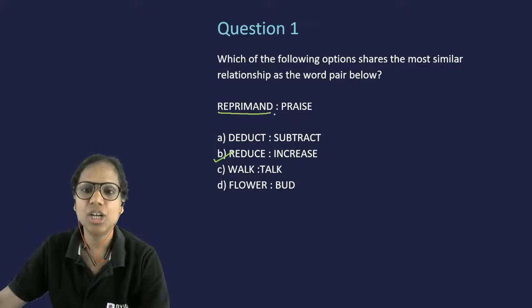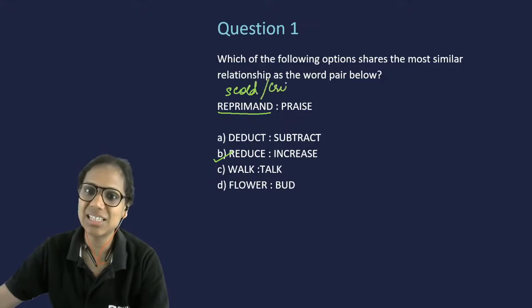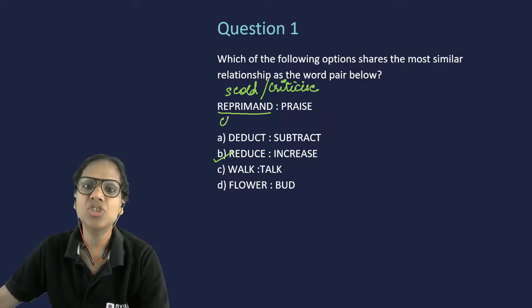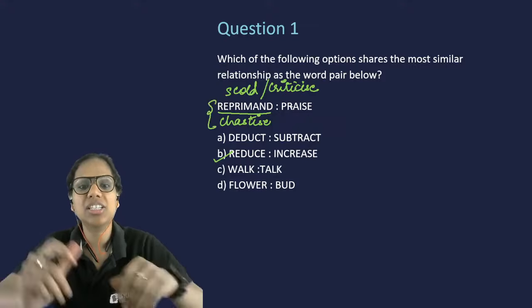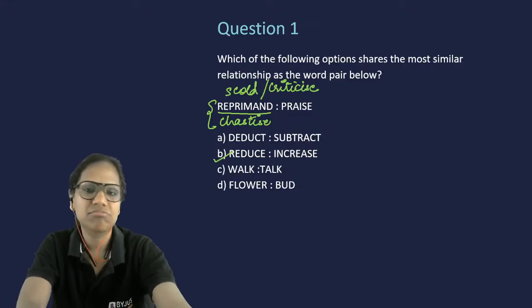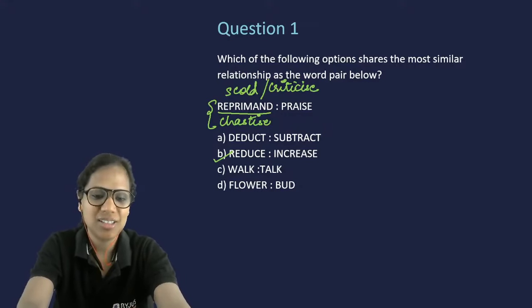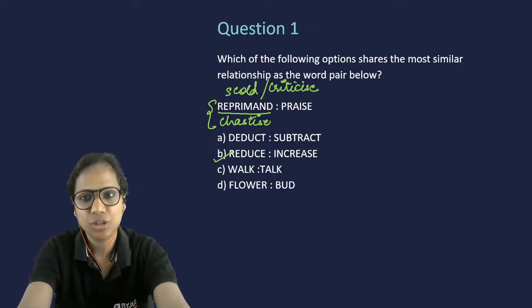B is the answer. To reprimand someone is to scold someone, or to criticize someone. Some synonyms are to chastise someone. So here, reprimand, scold, chastise, they all are concerned with criticizing someone, saying something bad to someone.